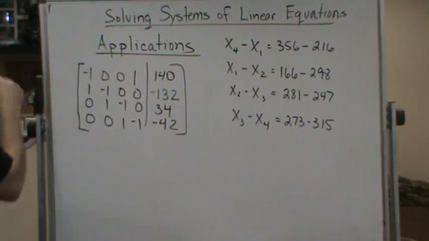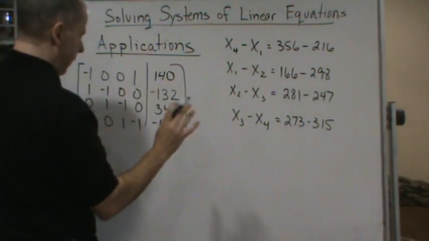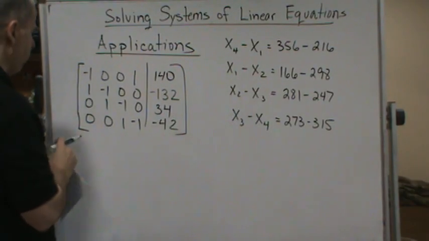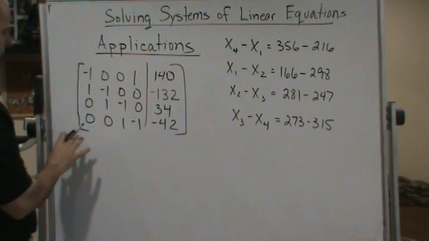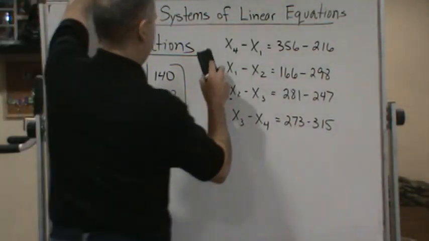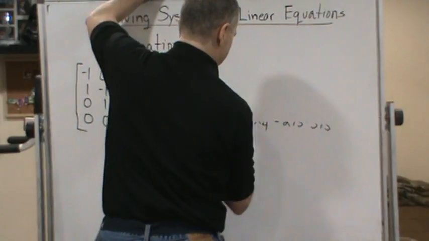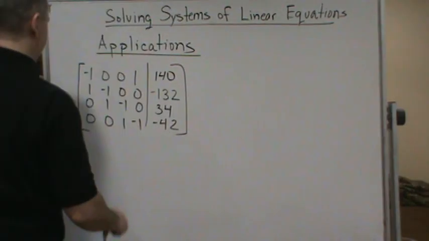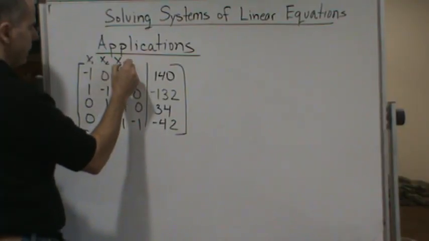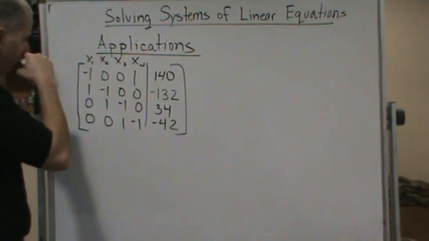So now what they want us to do, part of part B, is now we want to put it in reduced row echelon form. So now what we're going to do is solve this, right? So now I'm going to get rid of this. Okay, again, this is going to be x1, x2, x3, and x4, okay?